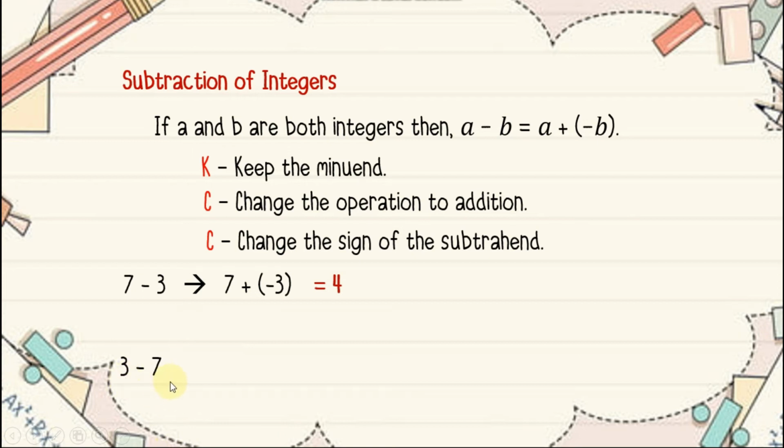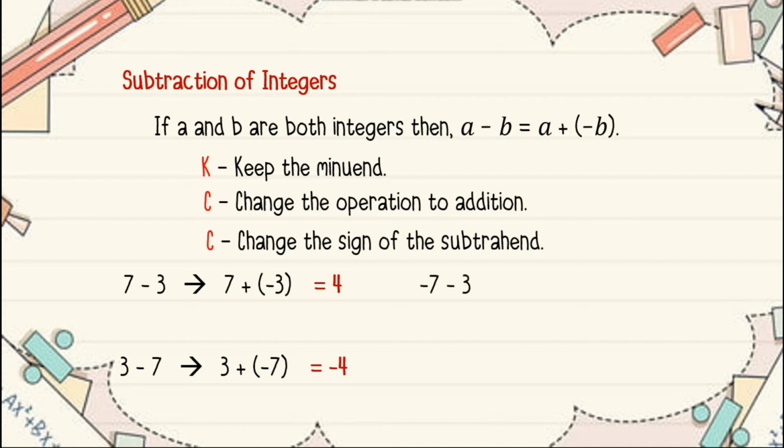Keep, change, change. So, it will become 3 plus negative 7. And again, they have different signs, so you subtract. 7 minus 3 is equal to 4. Negative 7 has the greater absolute value. Therefore, the answer is negative 4.